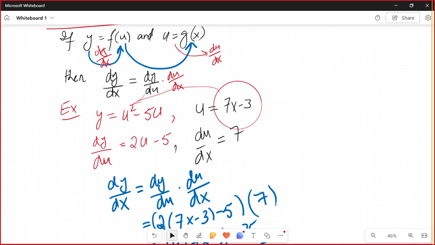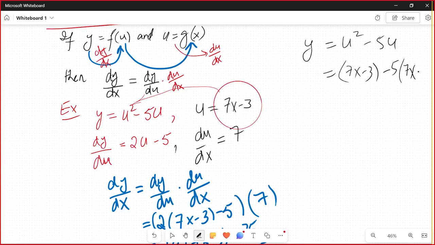What I'm saying is, we had y is equal to u square minus 5u, right? And we know u is 7x minus 3. So (7x minus 3) square minus 5 times (7x minus 3). We are just substituting the value of u. You get that? Okay, this is square.